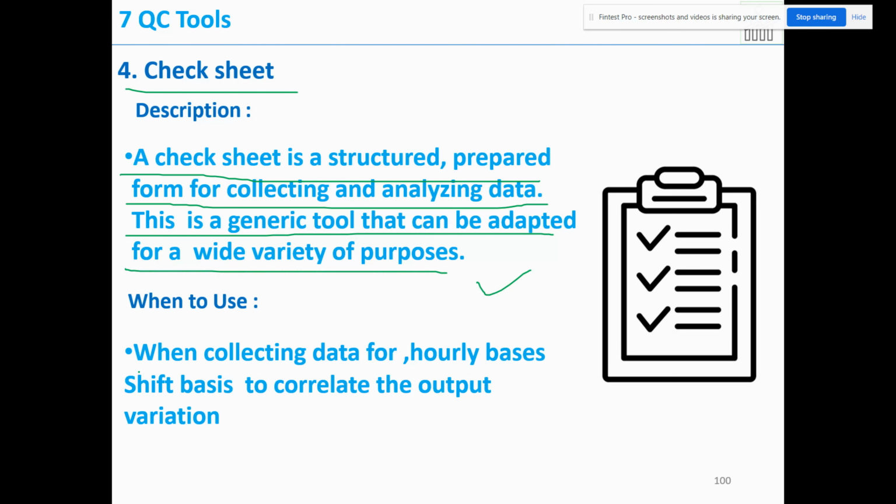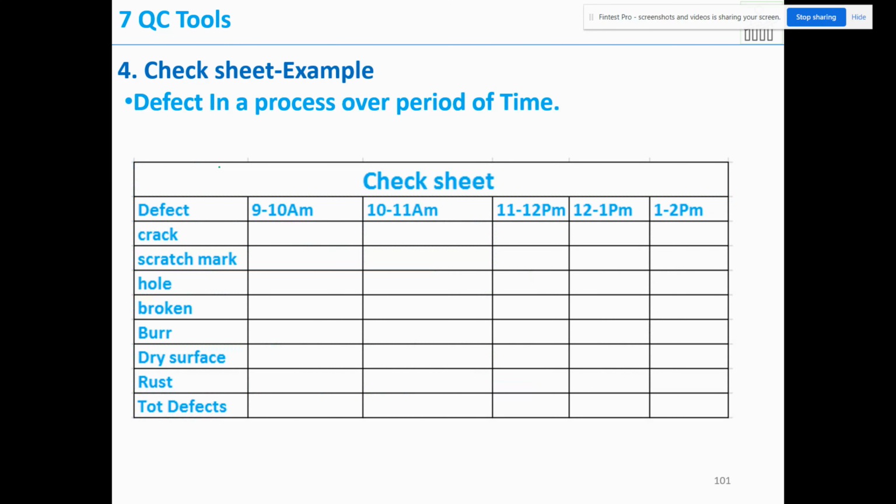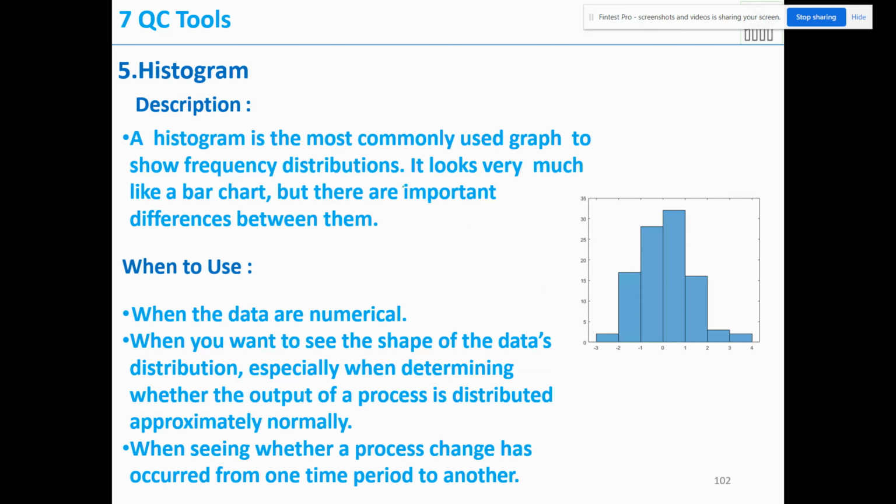We can use a check sheet when collecting data on an hourly basis or shift basis to correlate the output variation. This is an example of a check sheet, where we take the data for different defects over a period of time and see the pattern.